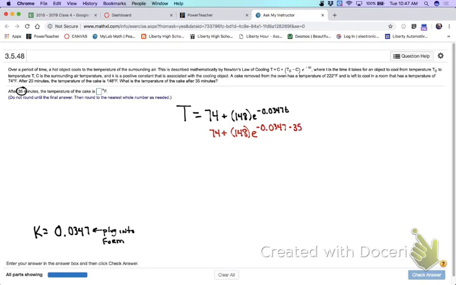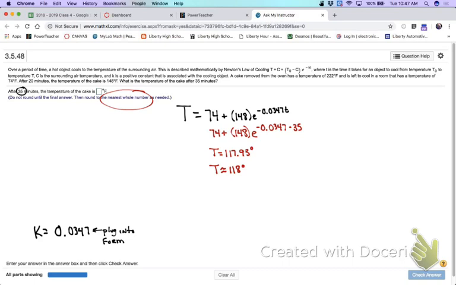Depending on what kind of calculator you have, what should happen is we should end up with T equals 117.93 degrees. It says to round to the nearest whole number as needed, so I'm going to say it's about 118 degrees.